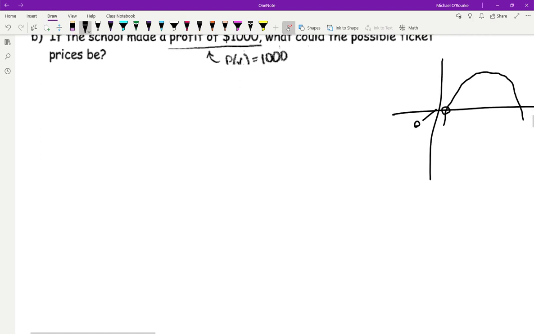So let me write this equation down one more time. Okay. We're thinking about a break-even point. We replaced this y with a 0, and then we made our calculations from there.